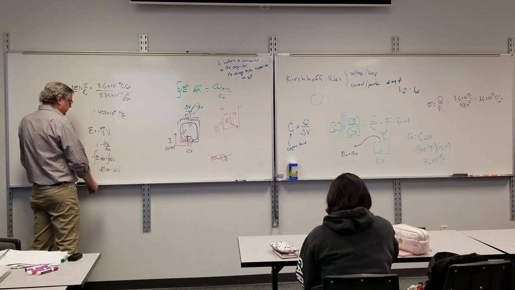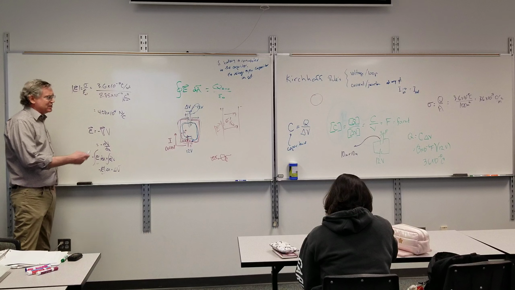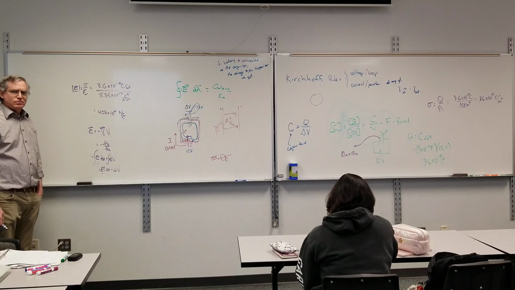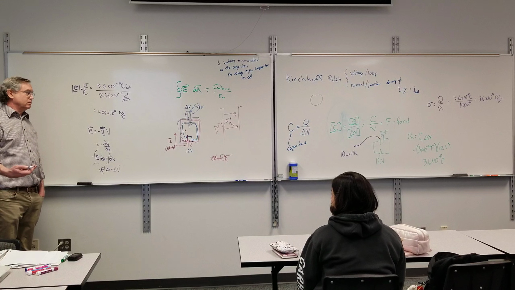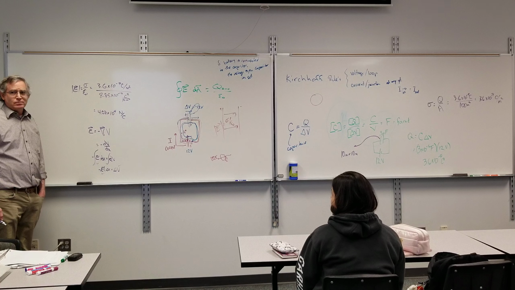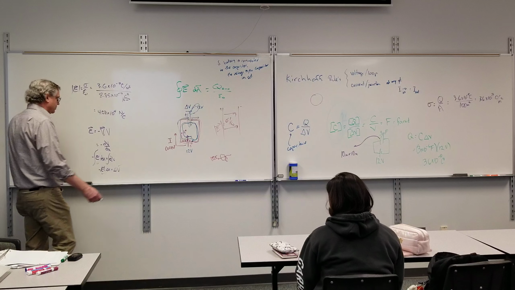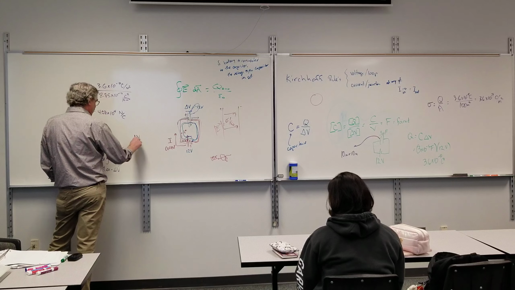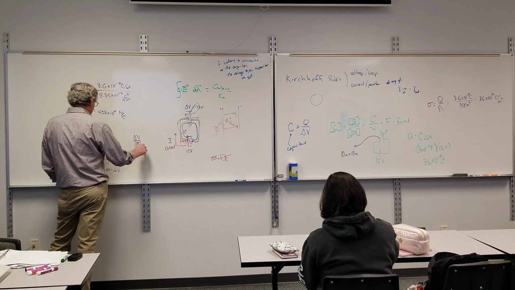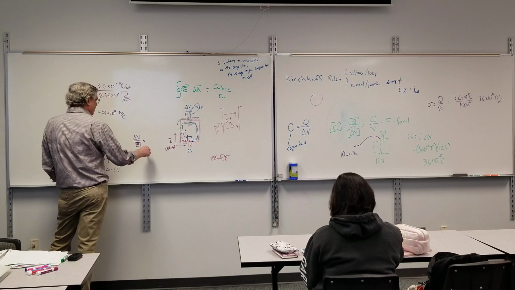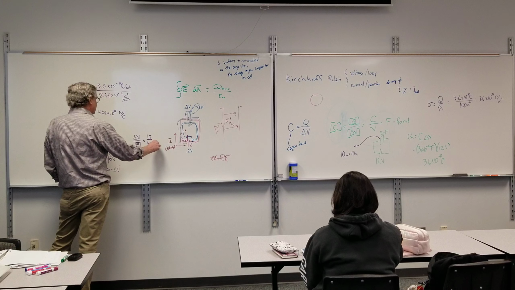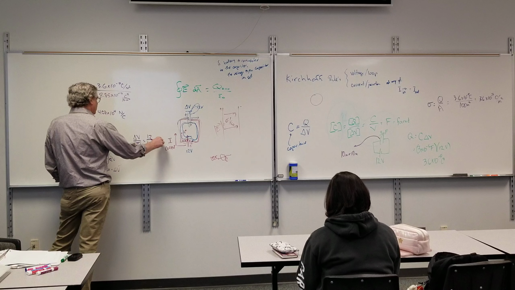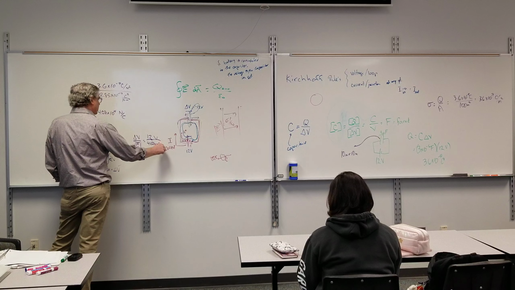So I know the voltage, I know the electric field, so what's the distance between the plates? Or how would you find it? Your voltage over your electric field. And we end up with, the voltage was 12 volts, my electric field was 4.07 times 10 to the 4th newtons per coulomb.